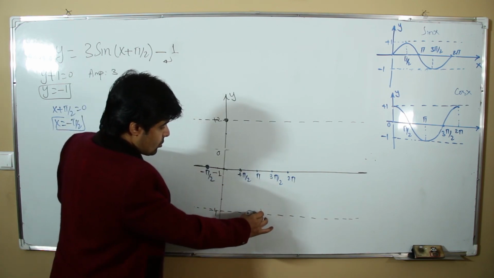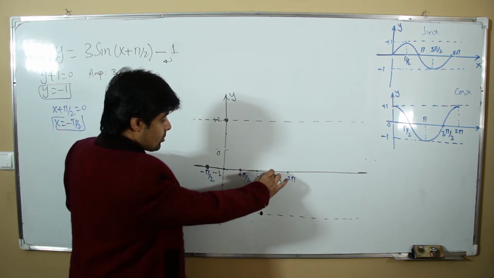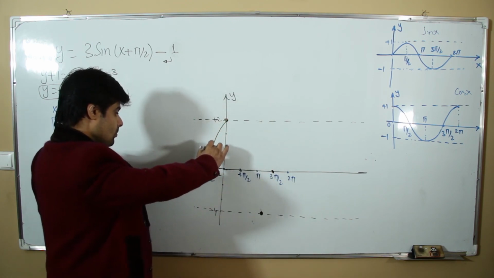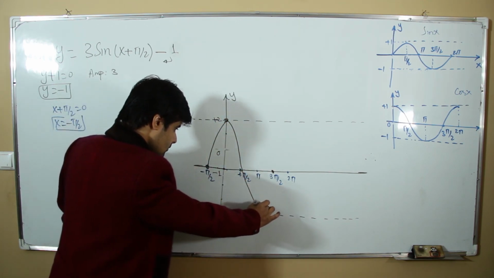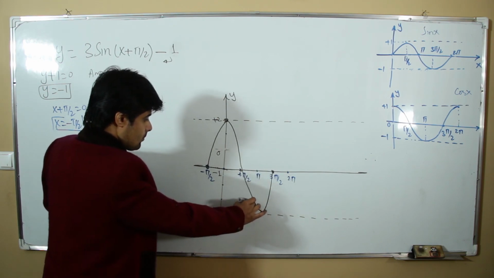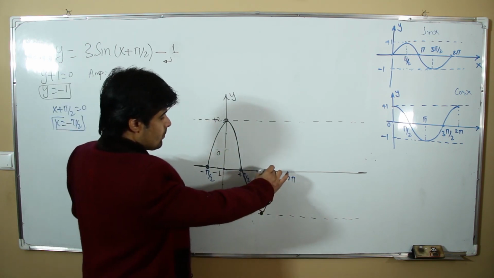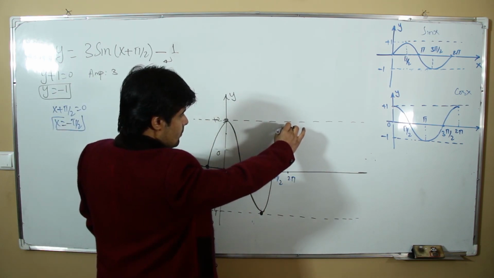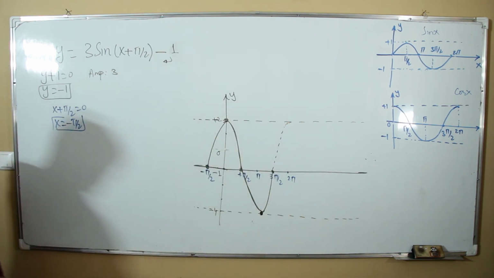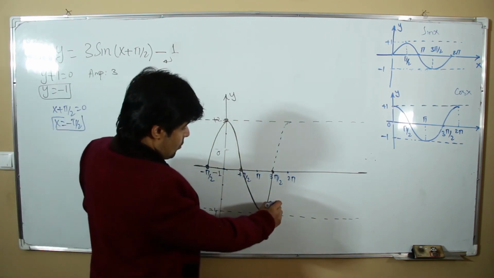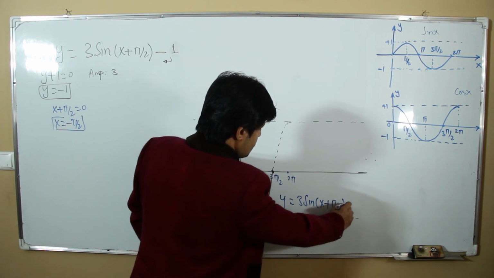The next point it should be our minimum point, and the next point it should cross. This is our graph for y is equal to 3 sine (x plus pi by 2) minus 1.